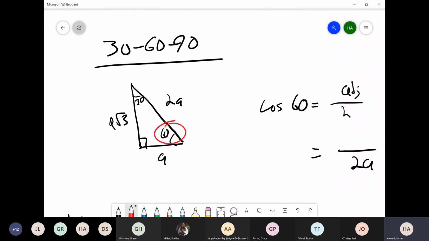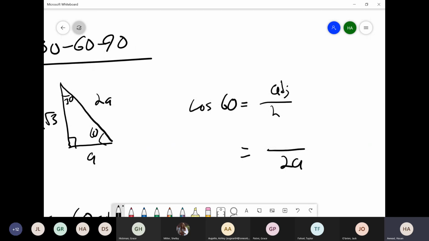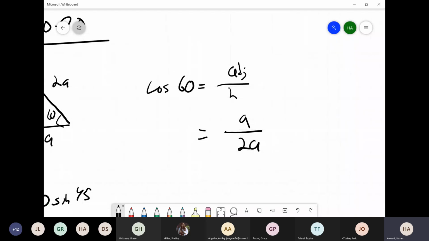So my adjacent side here to the 60 degrees is going to be just the little lonely smallest leg here, just A, right? So when we put this into a fraction, again, notice, as we talked about in the lecture a little bit, it doesn't necessarily matter what the length of the side is, as long as things remain proportional, right?